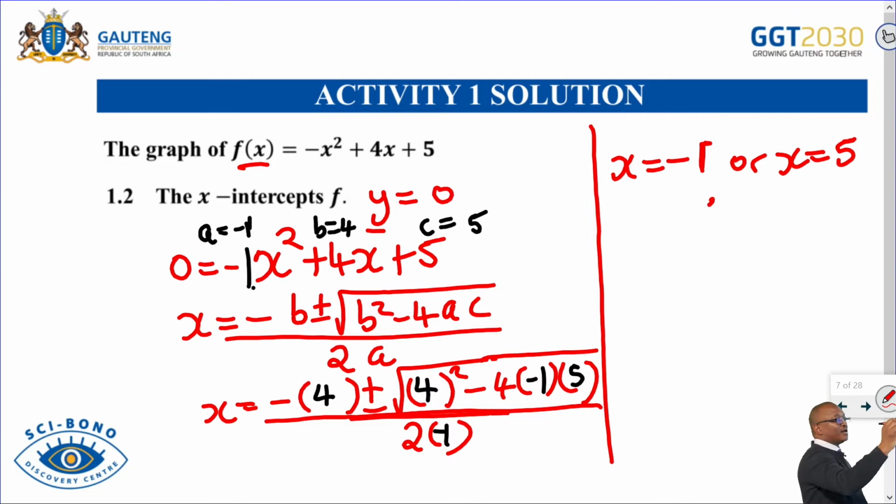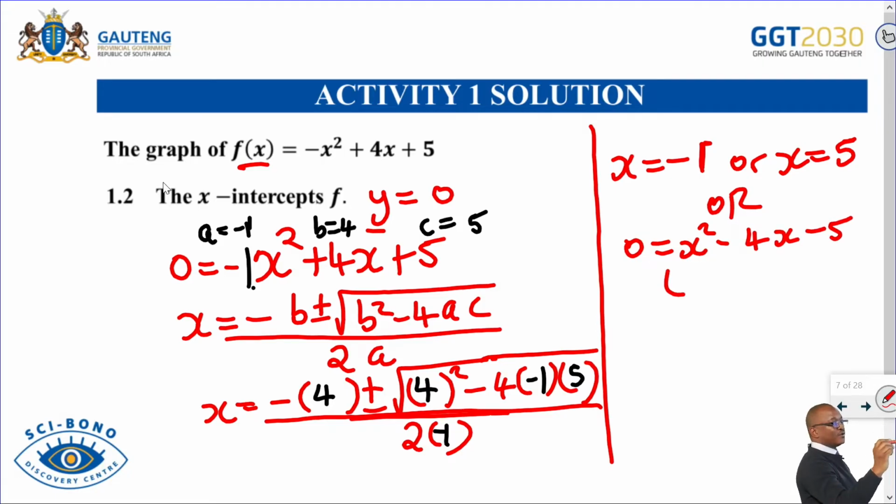Remember, I said you can factorize, but when you factorize in this case, you will have x squared minus 4x minus 5, then you open your brackets. So you will have (x minus 5)(x plus 1).